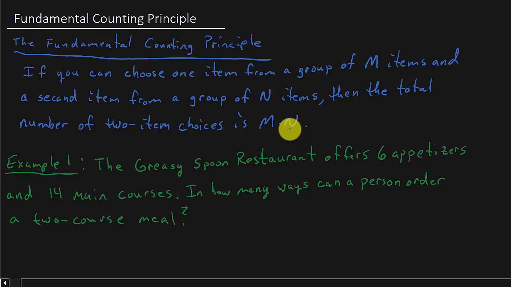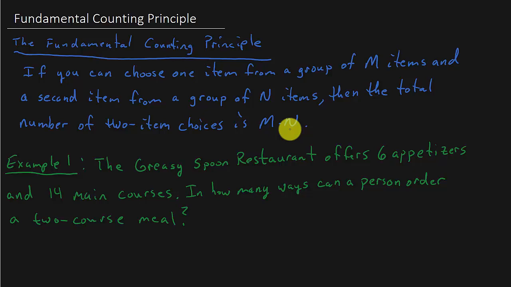Basically, how many different ways can you choose things? If I have m choices for this one and n choices for this one, then I just multiply them together.